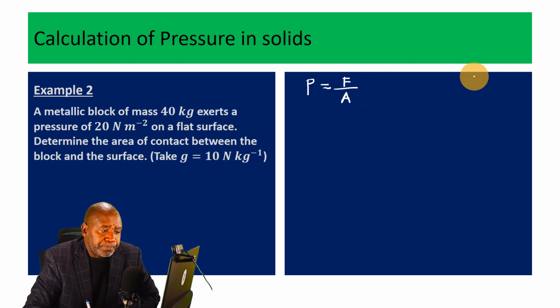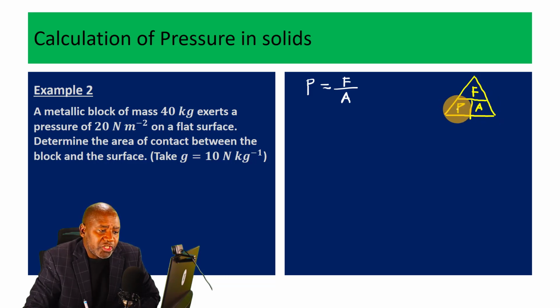First of all, I can take this equation and put it in a triangle, which is like this. This usually applies when the equation has only two factors. When I divide the force by the area, I get pressure. So you can see pressure is equal to force over area.